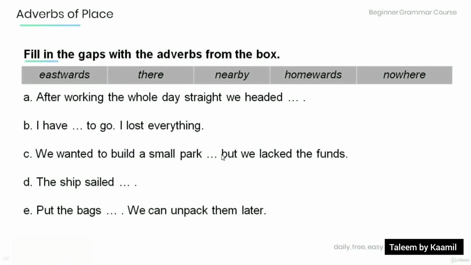And now it's time for you to practice on your own. Read the following sentences and fill in the gaps with the adverbs from the box. Eastwards. There. Nearby. Homewards. Nowhere. A. After working the whole day straight, we headed.